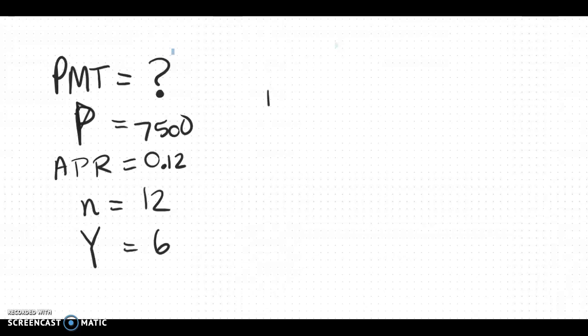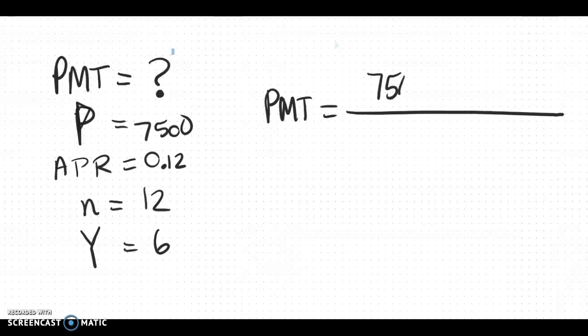So let's plug this in. We're going to put in 7,500. We'll put in the annual percentage rate divided by the number of payments per year, or 12.